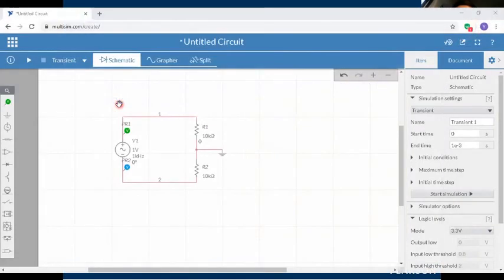All right. So here in Multisim Live, I have constructed a basic voltage divider circuit wherein meron tayong input AC signal that has a value of 1 volt and a frequency of 1 kilohertz. And we have two 10 kilo ohm resistors connected in series, hence we have a voltage divider.